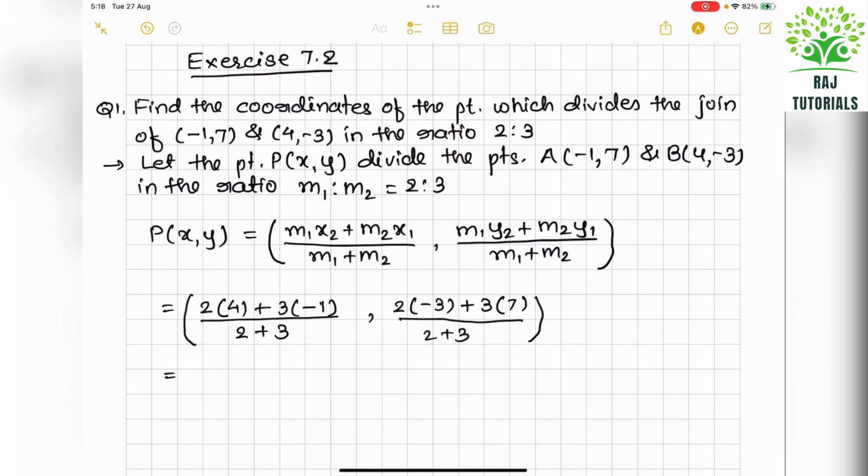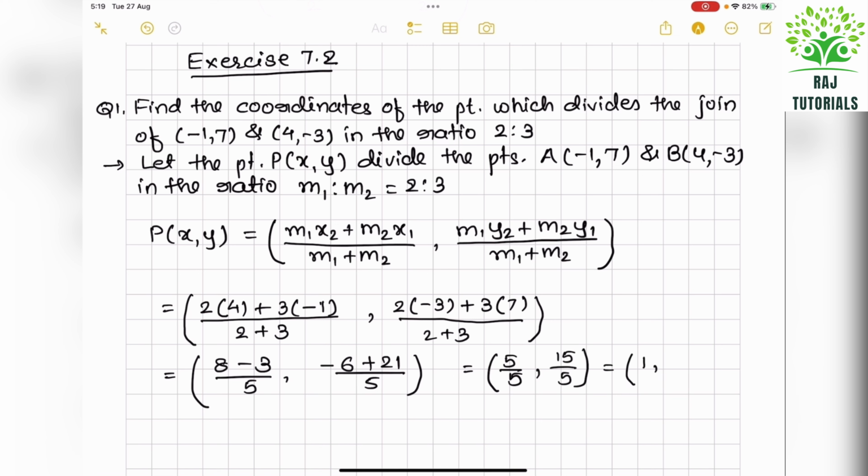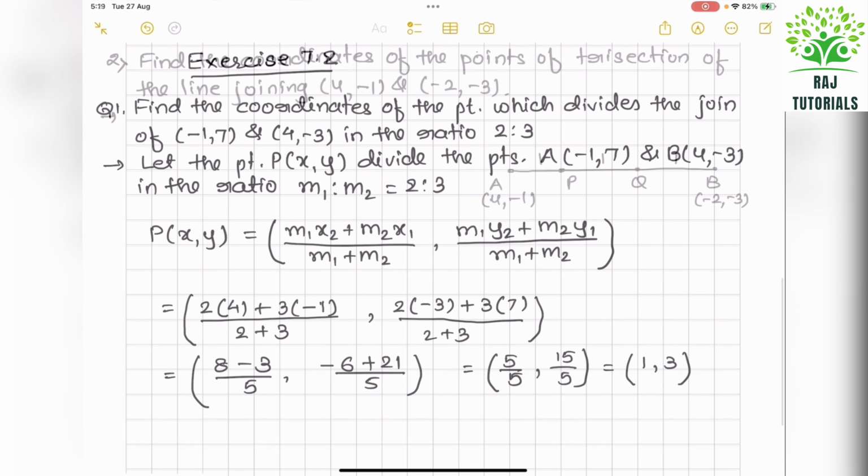So this will be (8 minus 3) by 5 comma (minus 6 plus 21) upon 5. So 8 minus 3 will be 5 by 5 comma 15 by 5. So if I cut 5, that will be (1, 3). So this is my answer.